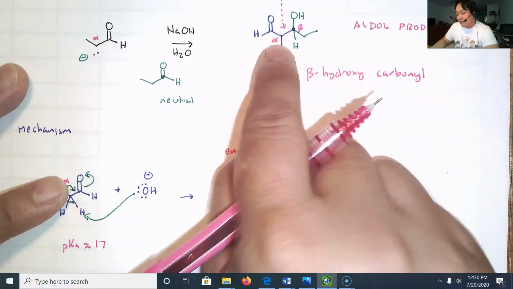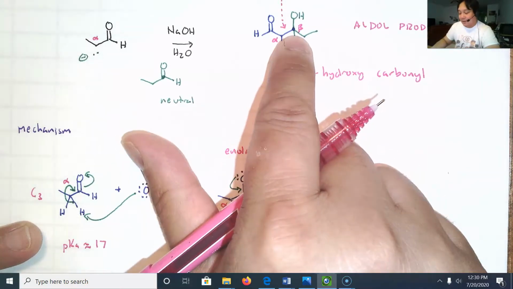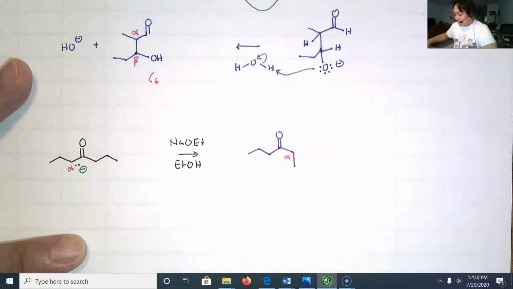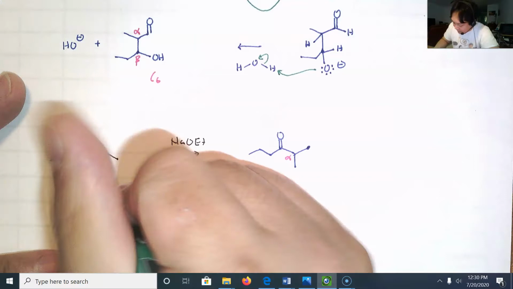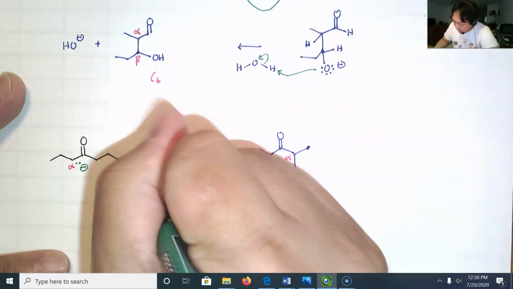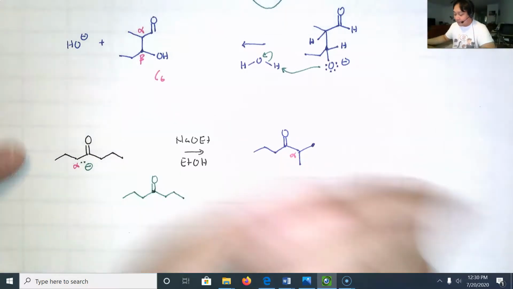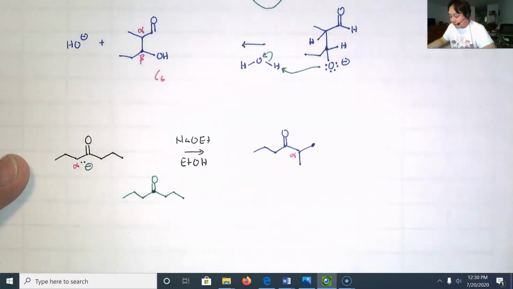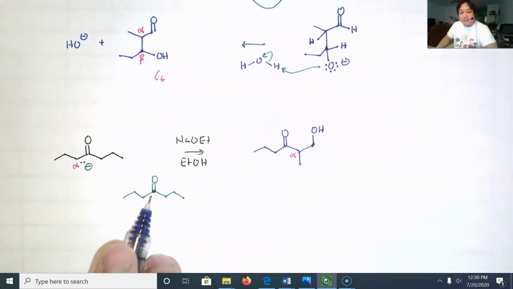I like this form because you see immediately the beta hydroxy group and the carbonyl. You're going to attack a dot if you want. But again, when you're doing a fill in the product, you want to save some time. You don't want to have to fill out the whole mechanism just to get to the final product, if that's what the professor wants. The carbonyl becomes an OH, and just copy what's on the dot.